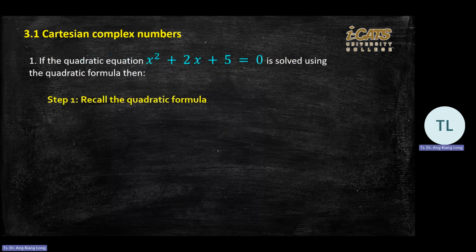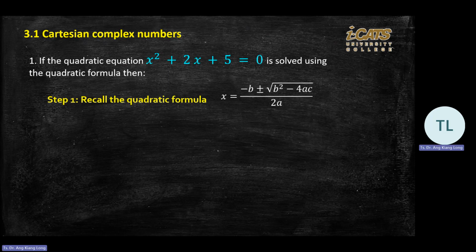Okay, so for the quadratic equation, you should know how to solve for the roots of the equation, right? x equals minus b plus or minus the square root of b squared minus 4ac, over 2a. This one we assume you already know.